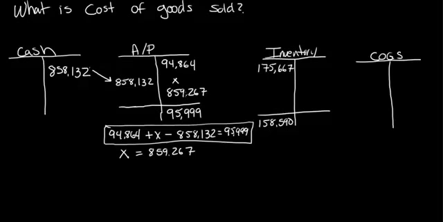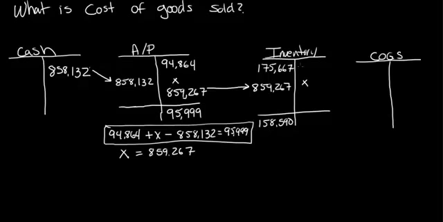You should always check your work when you're done. So this is then a credit to accounts payable, so it's going to be a debit to inventory, 859,267.